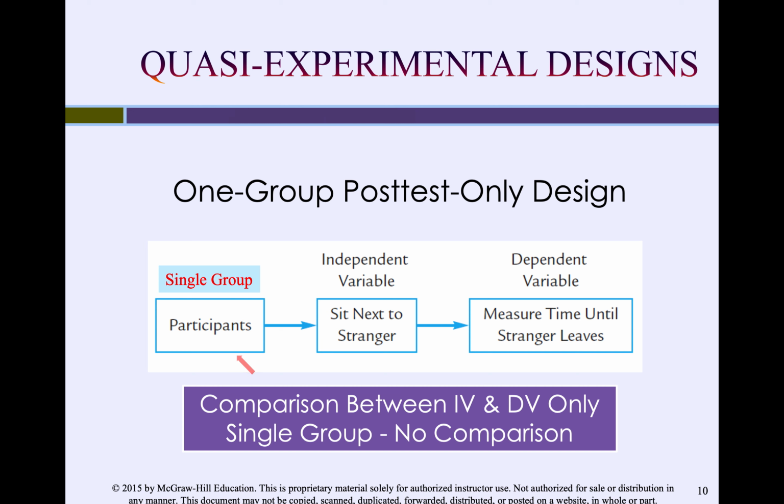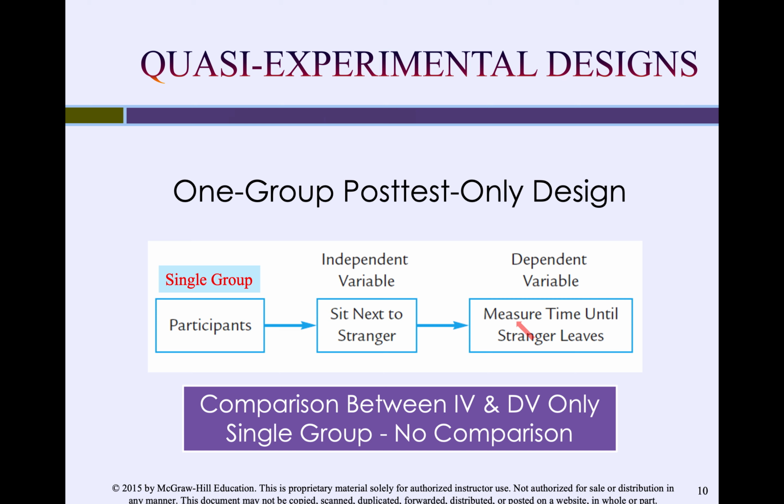So let's say you have your participants, they're sitting on a bench, you have a confederate, they come and sit down next to the stranger, right? A stranger sits down next to your participants, and the dependent variable might be to measure the length of time that a person stays and how long it will take for them to actually leave when a stranger sits down next to them.